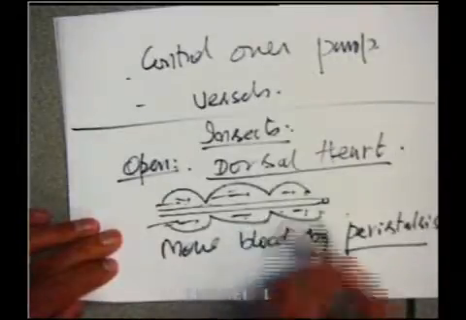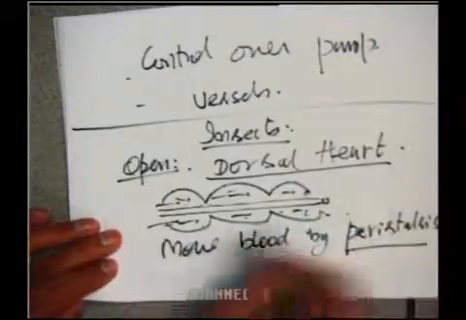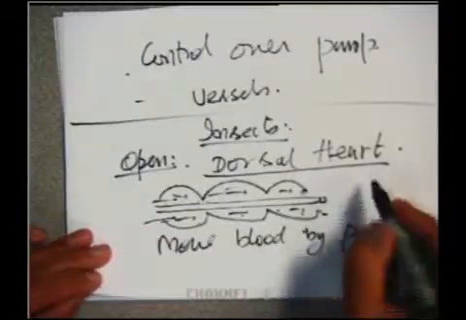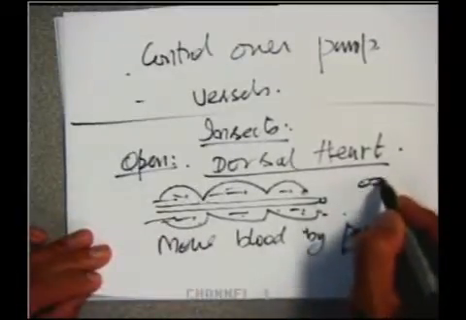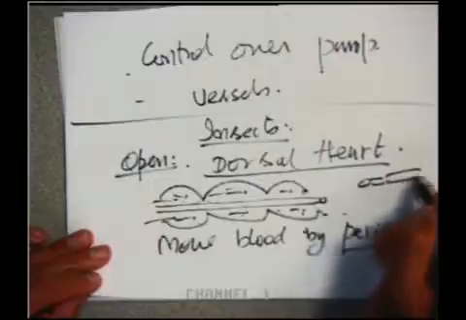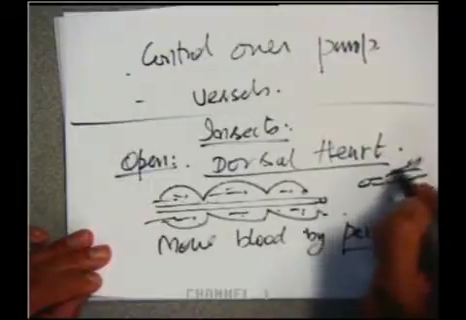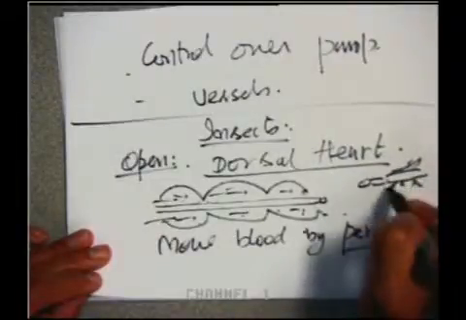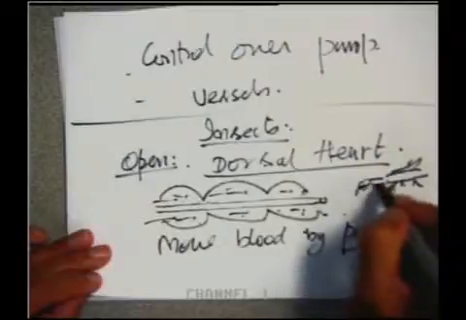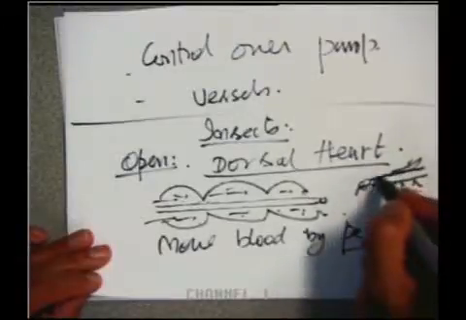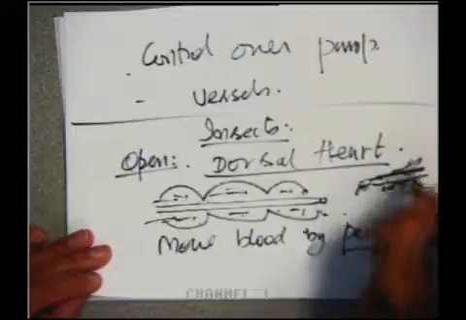It is present on the dorsal side, not the ventral side. Suppose this is the ventral side. If there is a cockroach, this is the dorsal side where the wings are, and here are your legs. This is the abdomen. So the heart is present at the dorsal part, not at the ventral side. So it's called a dorsal heart.